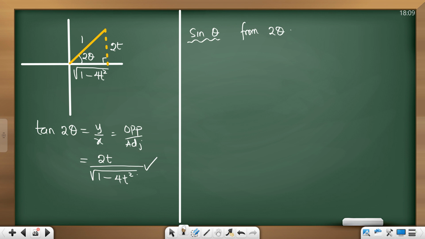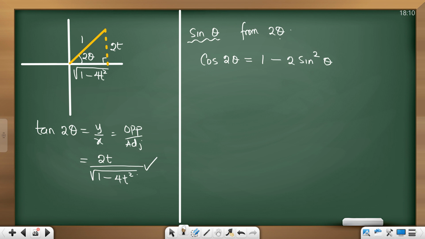Go to your formula page. There's a formula that contains 2 theta. In fact, let me tell you this. Whenever you are given double angle, work with cos 2 theta. I know that cos 2 theta, which one has sine? 1 minus 2 sine squared what? Theta. We're done.